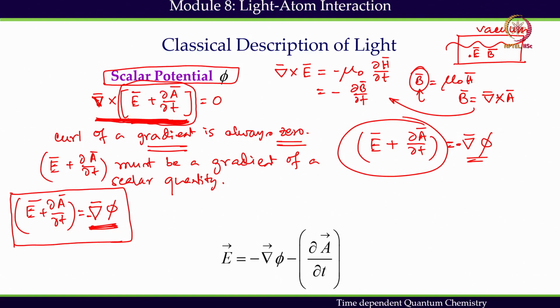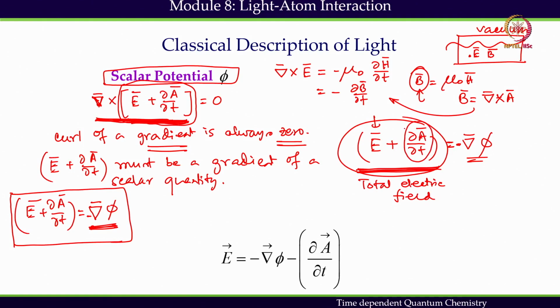This negative sign is coming up because this entire part is a vector which is some kind of a field, total field, let us say total electric field. Why total electric field? Because this is electric field and I am adding another quantity.